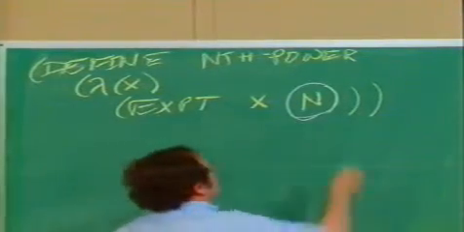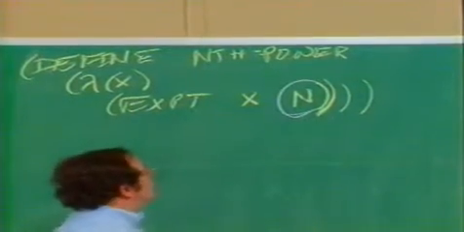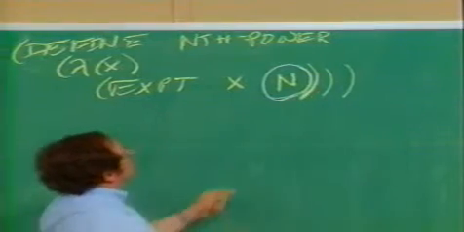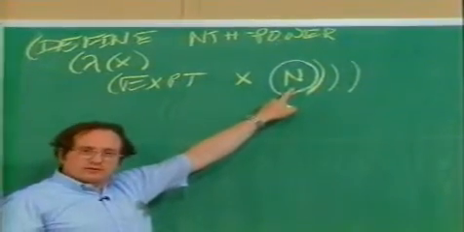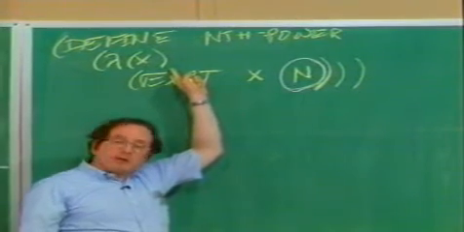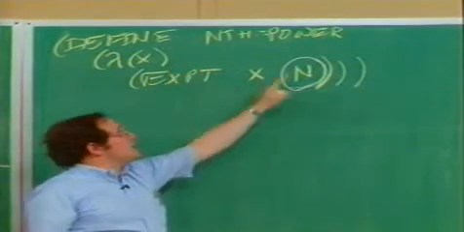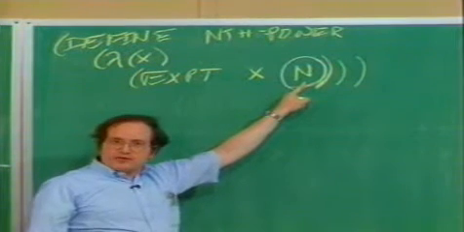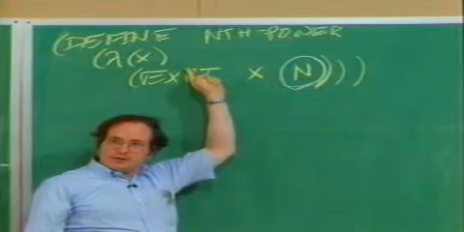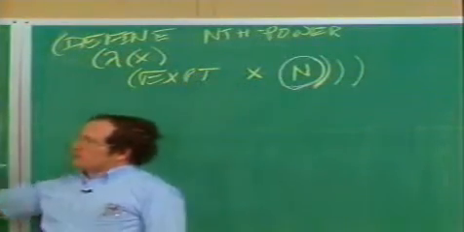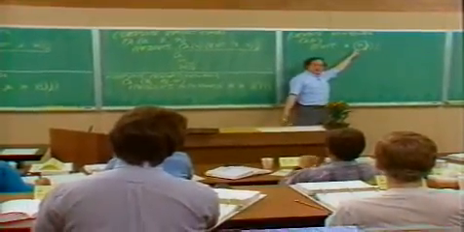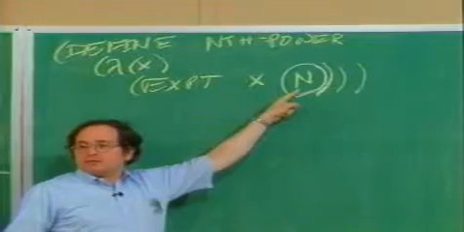Okay? Because, as you know, this n is free in this procedure. The environment model tells us that the meaning of a free variable is determined in the environment in which this procedure is defined. In the way I've written it, assuming these things are defined on the blackboard as is, this is defined in the global environment where there is no n.